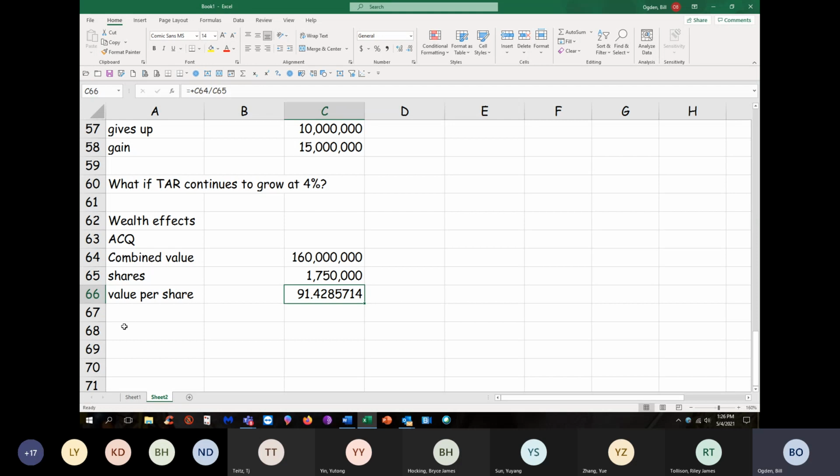So now we can go through our wealth effects. This is pretty easy once you have this. Now let's go through ACQ. Before this share offer, they had shares that were worth $100 per share, and they had 1.5 million shares.